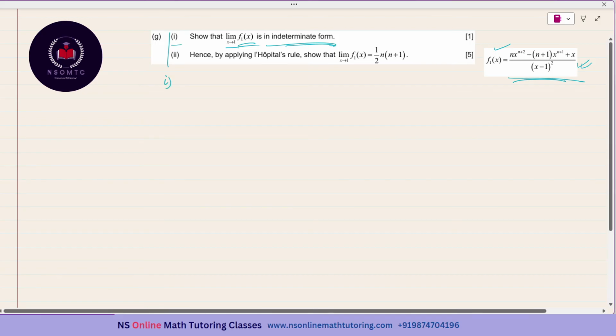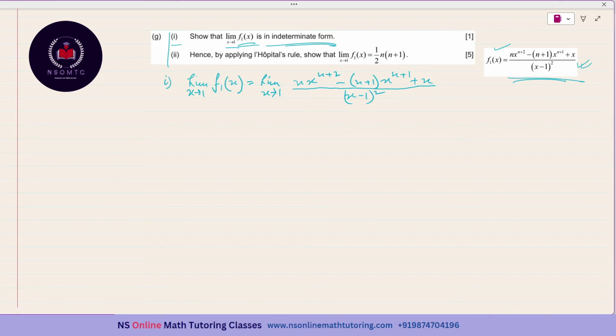So limit x tends to 1 f1 of x is equal to limit x tends to 1 n times x to the power of n plus 2 minus n plus 1 x to the power of n plus 1 plus x over x minus 1 raised to the power of 2.